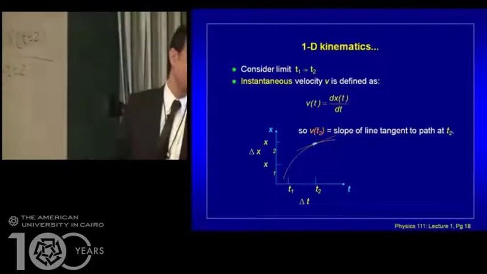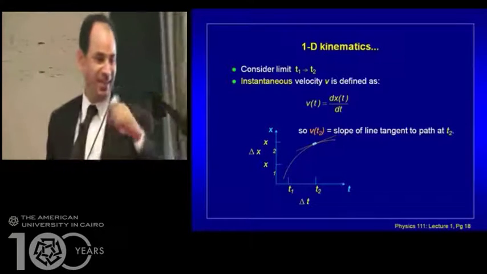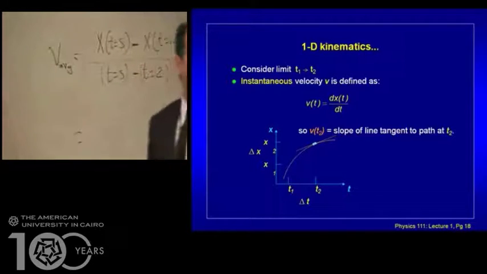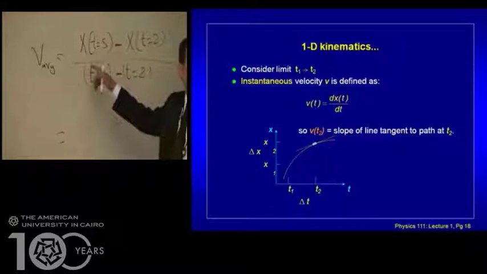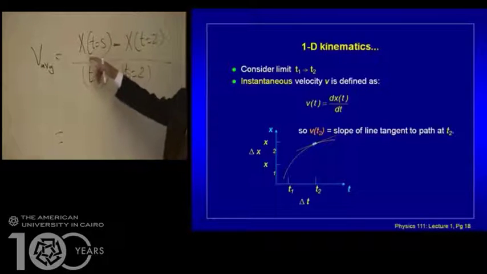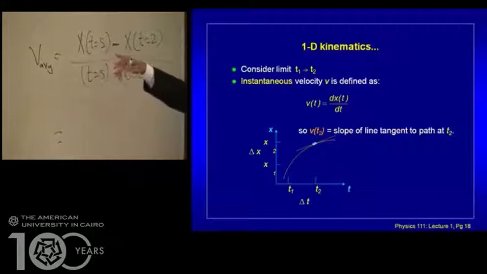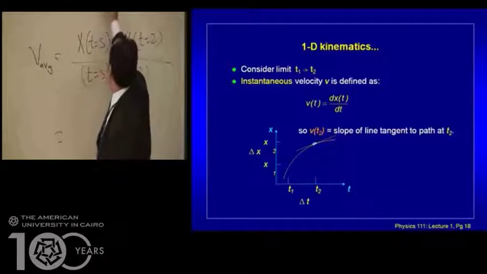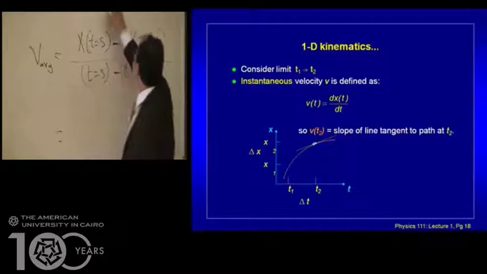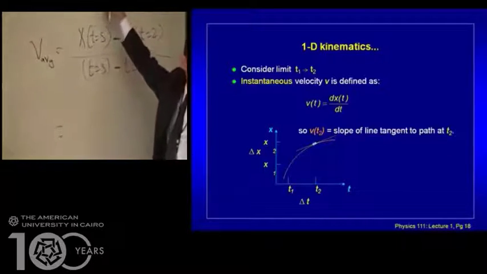What's your name? Hamad what? Nagy. So can you tell me what is the position of the object at time equal to 5 seconds? You have the function right there. X equal to t squared plus 1. So at time equal to 5 seconds, what's x? 26.